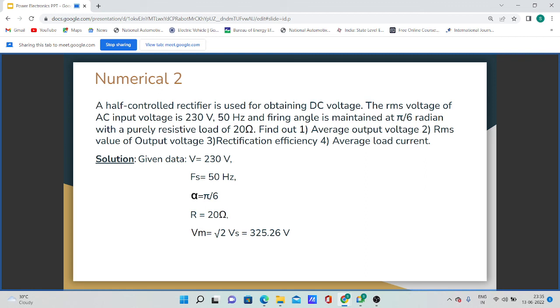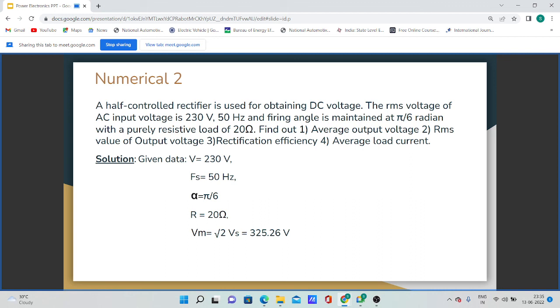a numerical on a half controlled rectifier. In this numerical the value of Vs is given as 230 volt, and the operating frequency is 50 hertz. Firing angle alpha equals pi by 6, and a purely resistive load of 20 ohm.